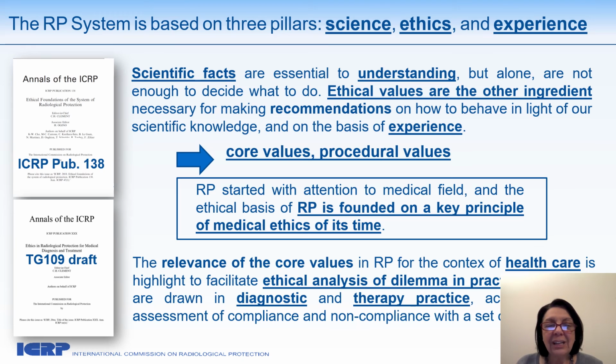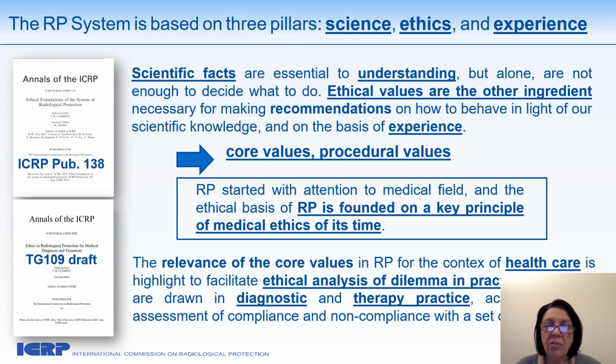So we can say, as we already know, that science, ethics, and experience are the three pillars of the system. Scientific facts are essential to understand, but alone are not always enough to decide what to do. So ethical values are the other ingredient to be considered, together also with experience.